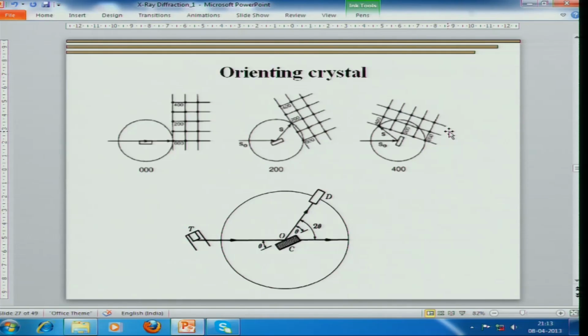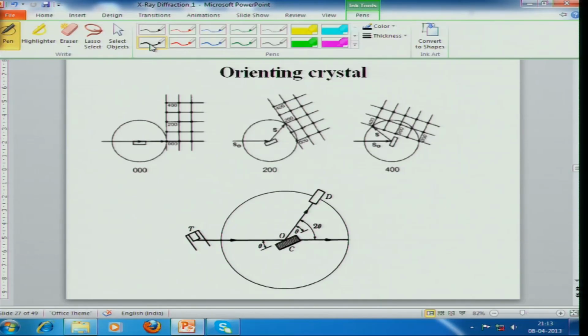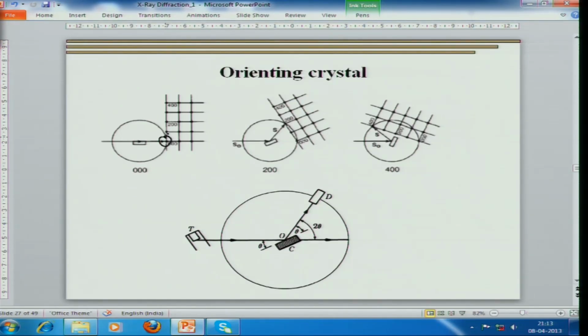As I had already mentioned, the entire exercise now revolves around how to orient the crystals so that one or more points lie on the Ewald sphere, so that diffraction occurs. Herein you can see that the 1 0 0 point lies, and the 0 0 point lies, and therefore you do not get diffraction.